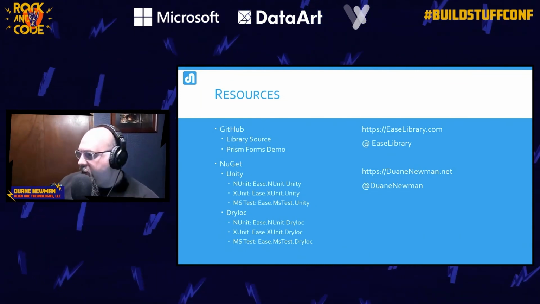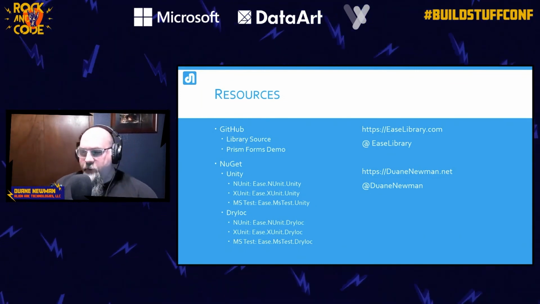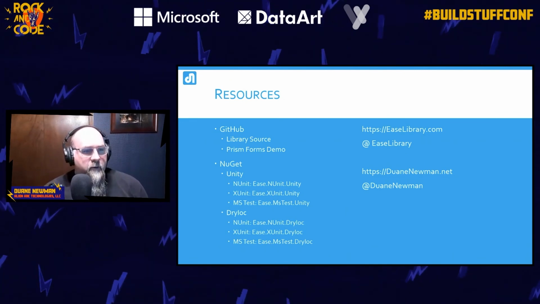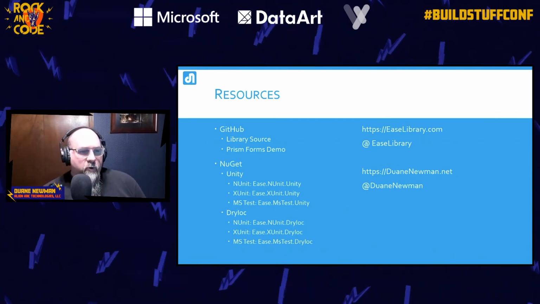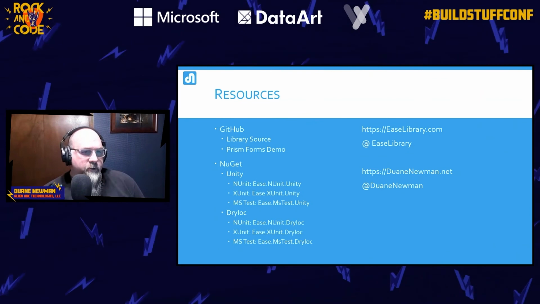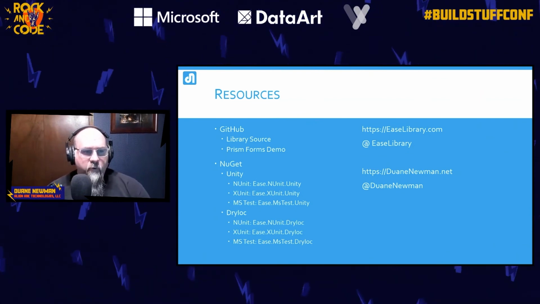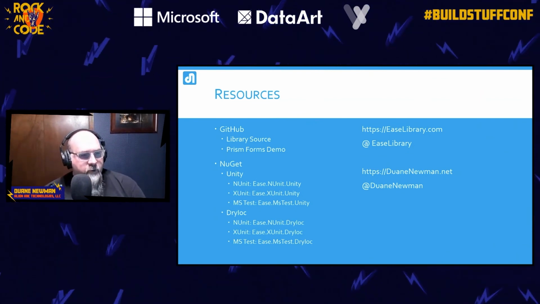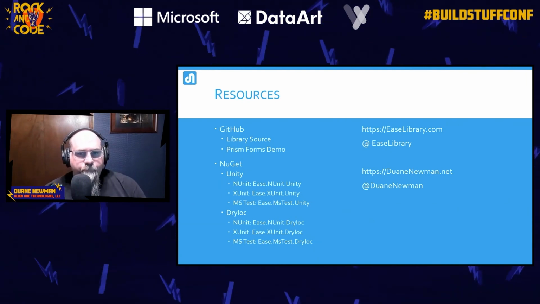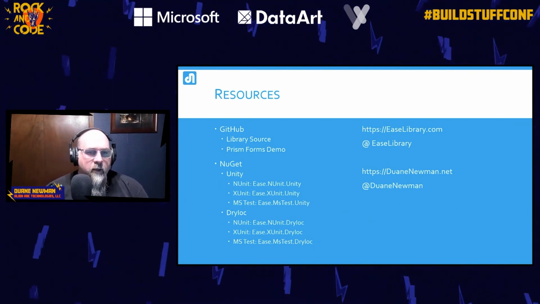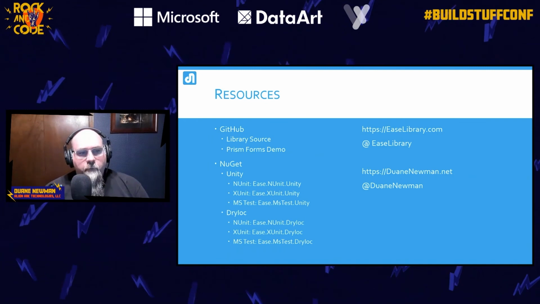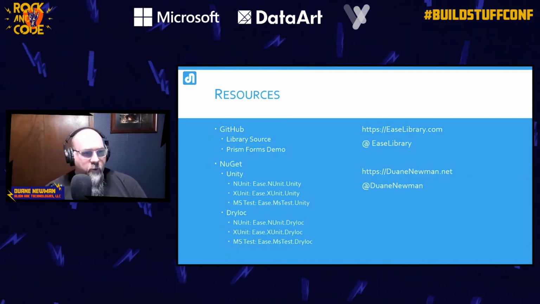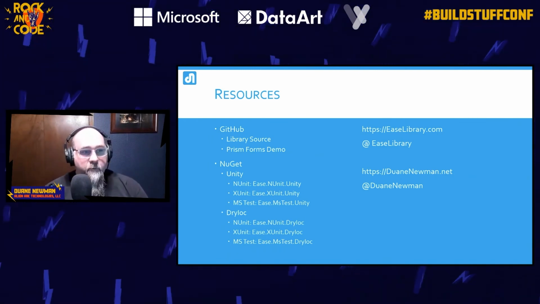I'm definitely interested in people who would be interested in contributing to it. Like I said, it currently has support for Unity and DryIoc, and inside of that it has support for NUnit, XUnit, and MS Test. If you'd like to add other support, I actually have a PR out there right now I need to go take a look at.